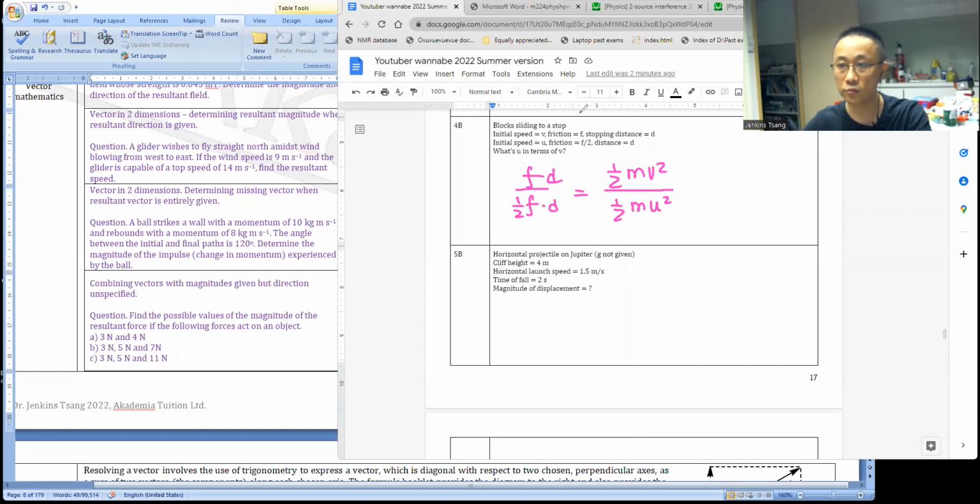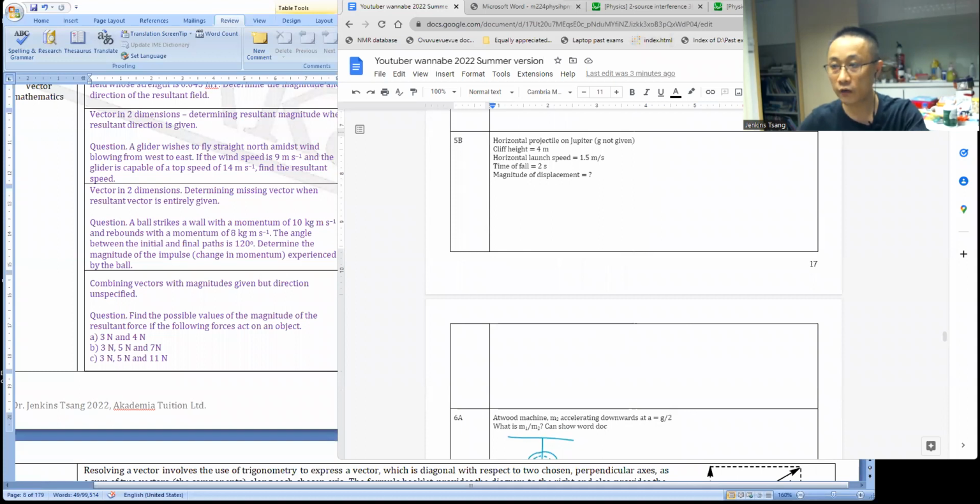And then recognizing that a whole bunch of quantities cancel: frictions cancel, distances cancel, halves cancel, masses cancel. And if you rearrange this, you just end up with u squared equals half v squared. And then finally, you can just take the square root. u equals 1 over root 2 times v, making B the correct answer.